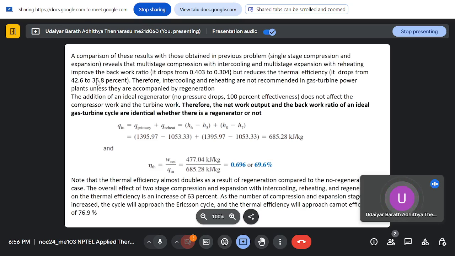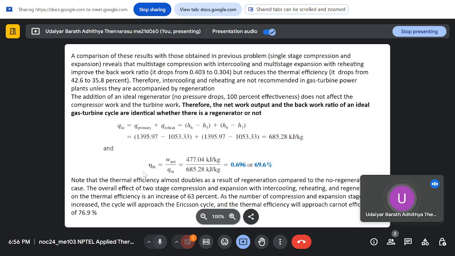Here it's already at 35.8. Now you have two compressors and two turbines, and each will have a different efficiency, so that will cause an even bigger drop in your efficiency.